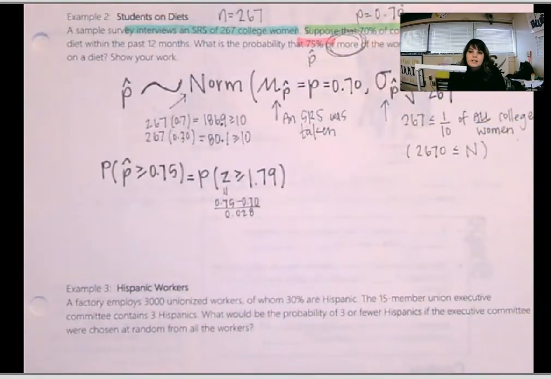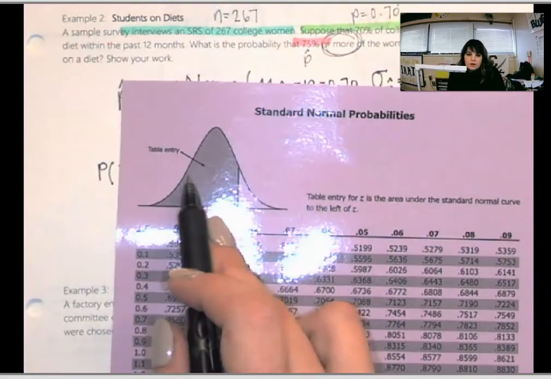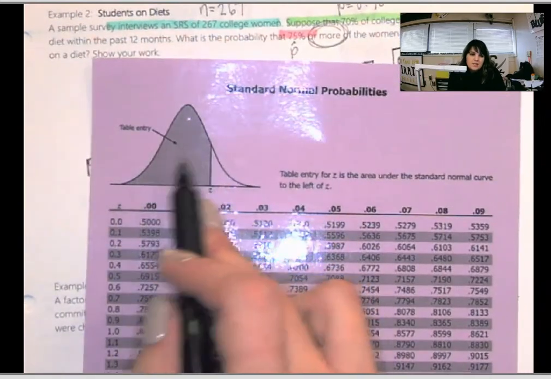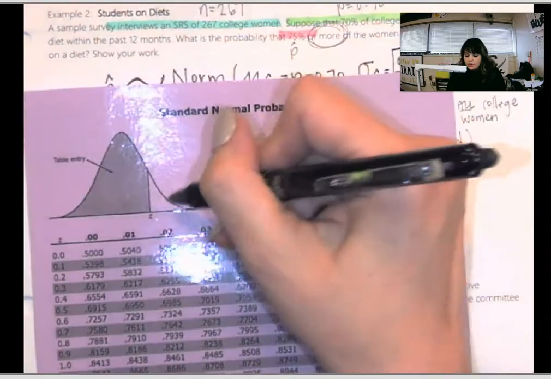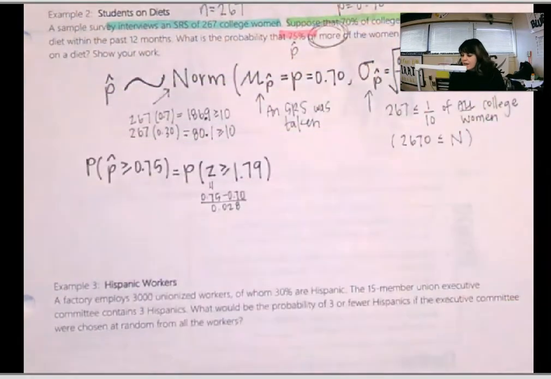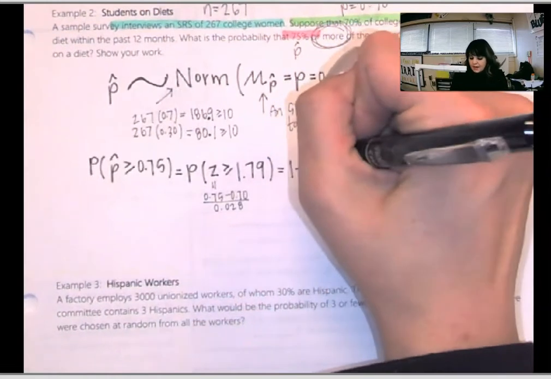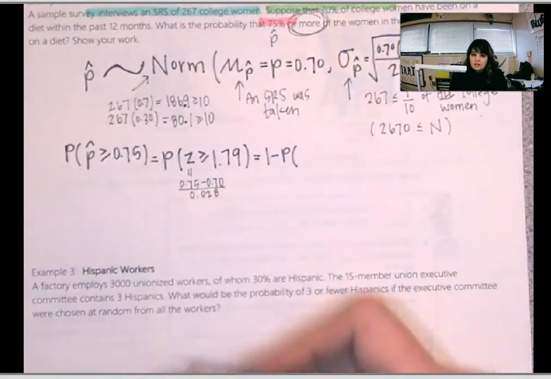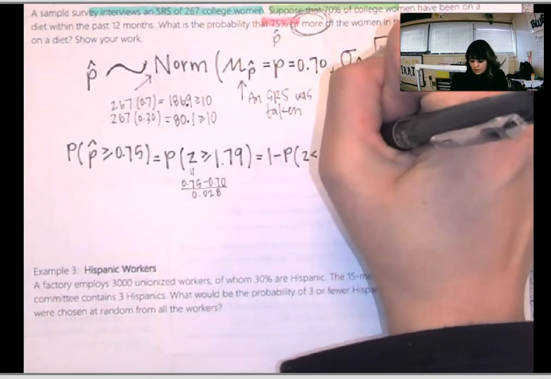So they're asking us to find the area to the right of the curve this time. But remember, on our z-table, they only give us areas to the left. So in order to find this area to the right, recall that we have to do 1 minus p of z less than 1.79.